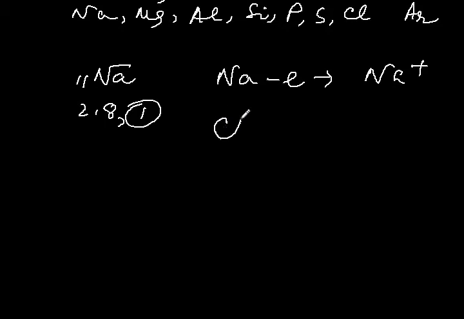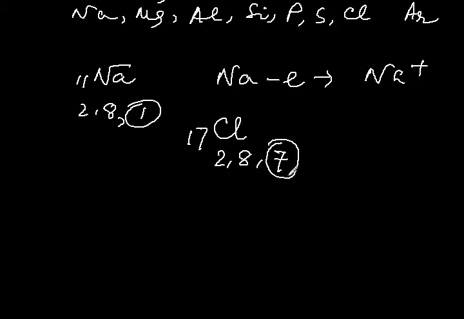But for chlorine, its atomic number is 17. It has electronic configuration 2, 8, 7. In the outermost shell, there are 7 electrons. And chlorine always has the affinity to receive one electron in its outermost shell.